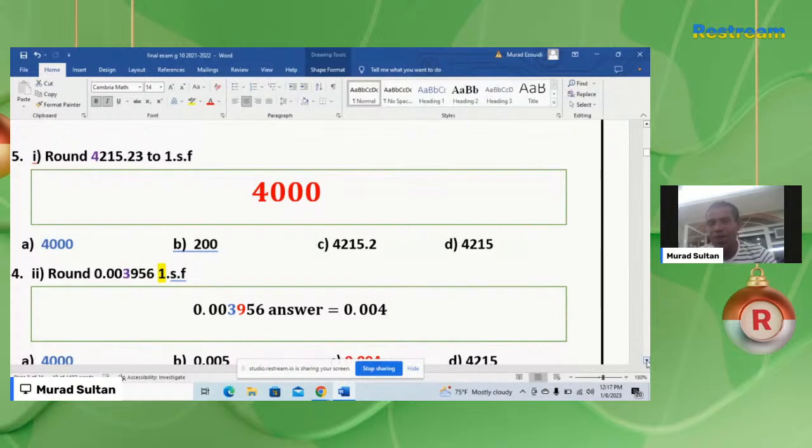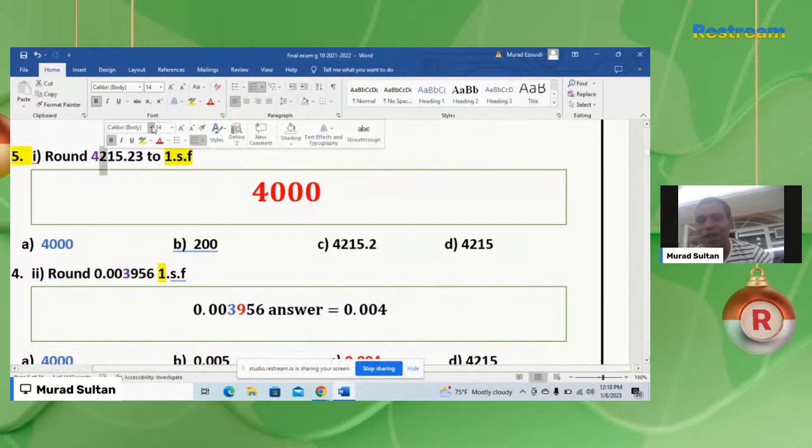So therefore, we are told to round 4,215.23 to one significant figure. First of all, learners, if the question is one significant figure, you should go to the first digit and work with the second one. This is the second significant figure.